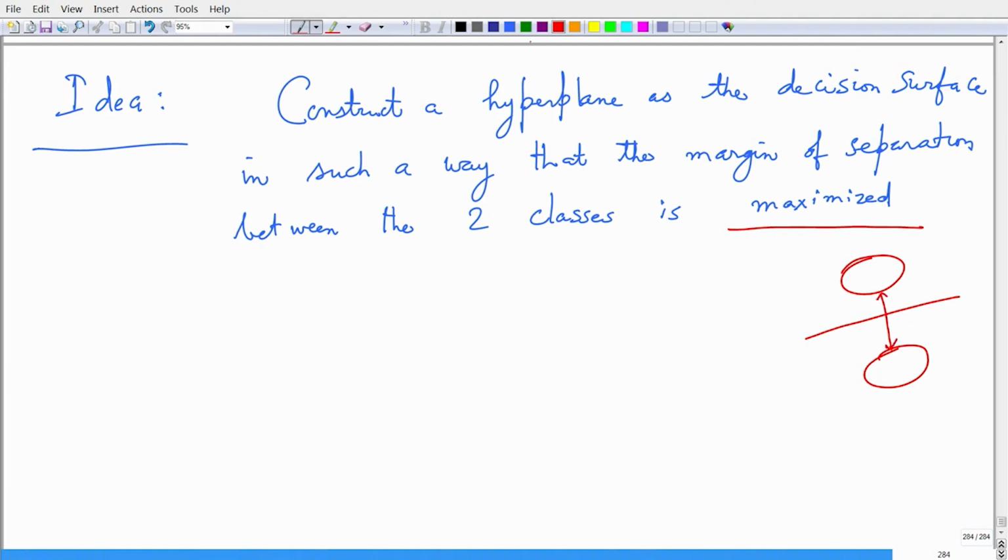This is class 1. And this is class 2 and this is the hyperplane.